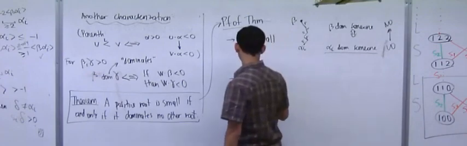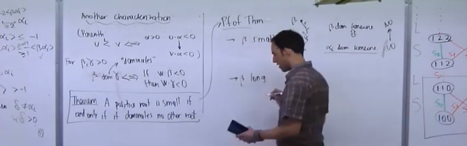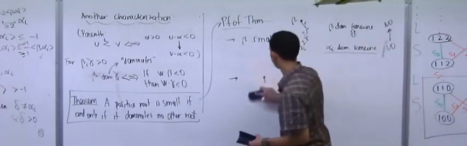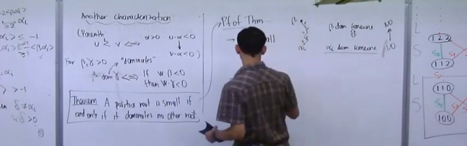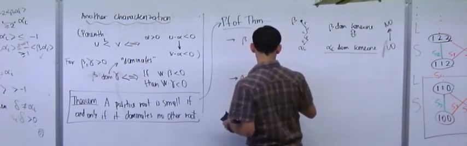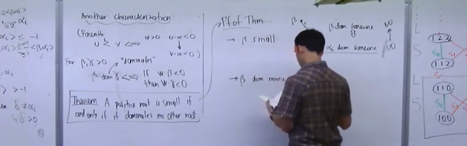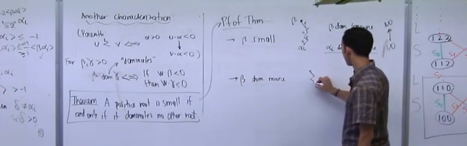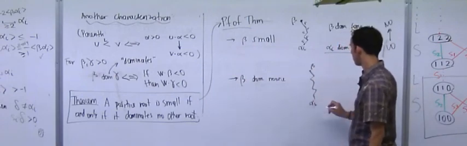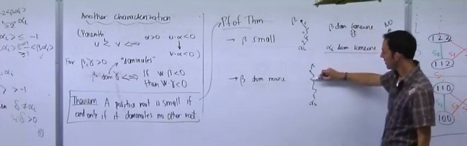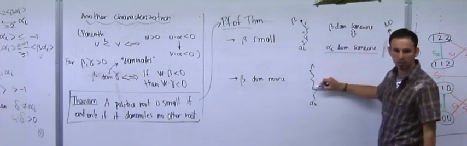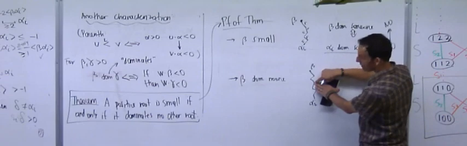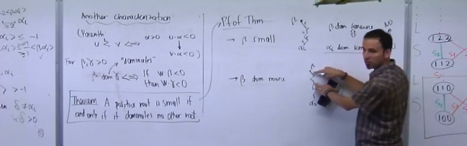And if beta is long, well, rather, if beta dominates no one, take a path from beta to a simple root, and if at any point in this path I have a long edge, that would mean that the top thing there would dominate someone, and that would mean that beta dominates someone.